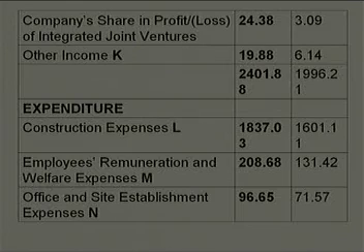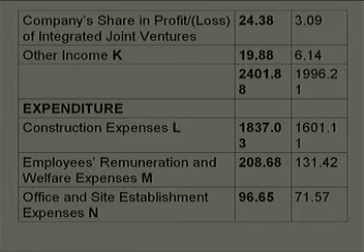So you can analyze that in this year the company has spent more on office and site establishment expenses, and has paid more on employees' remuneration and welfare expenses. Similarly, the construction expenses have also gone up from the previous 1601.11 to 1837.03.